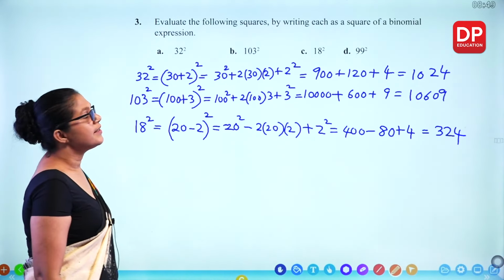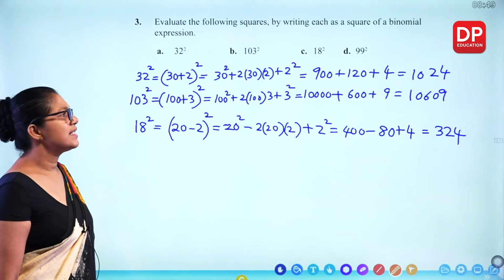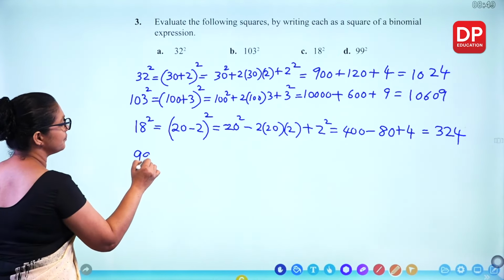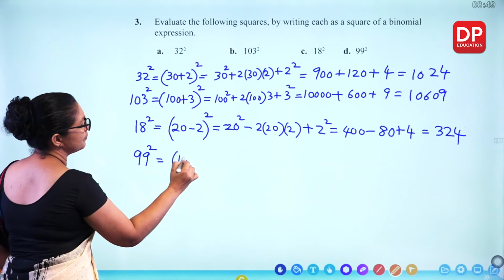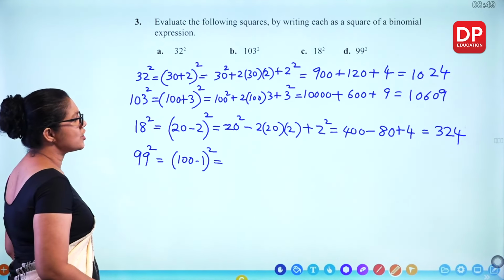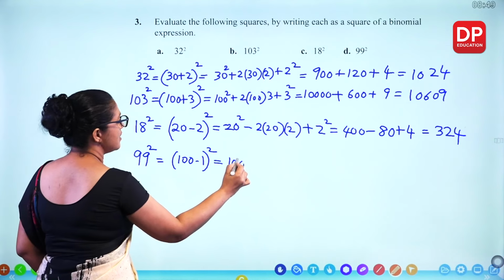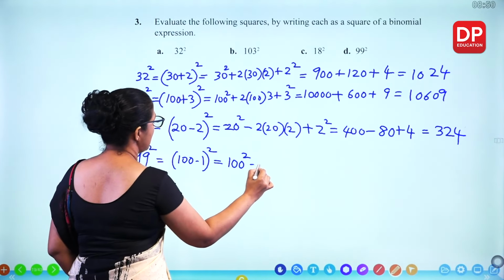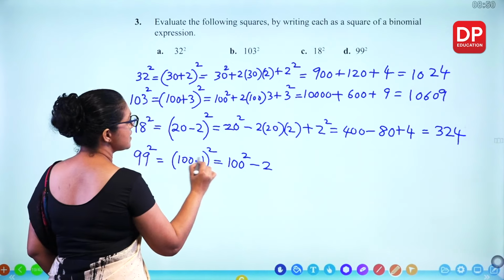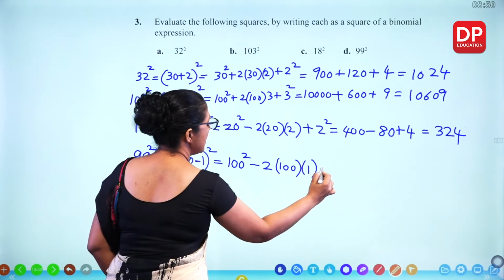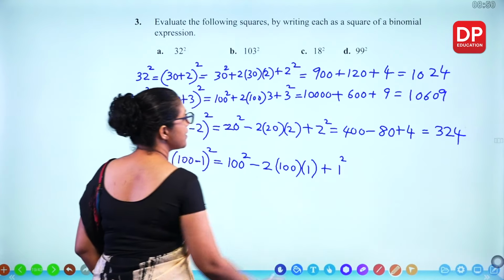This one, 99. How can I write 99? 100 minus 1. So what's the expansion? 100 squared, and since this is minus, double of the first term and the last term, and the last term squared.